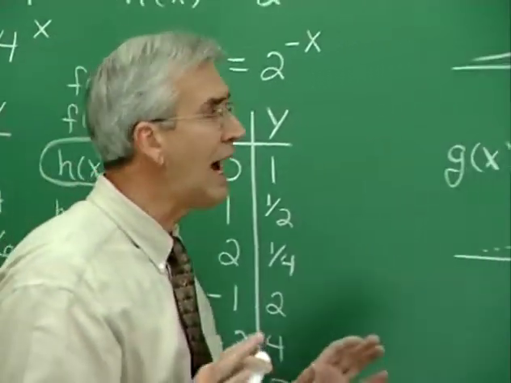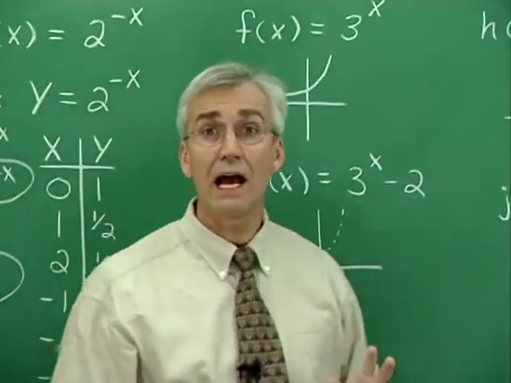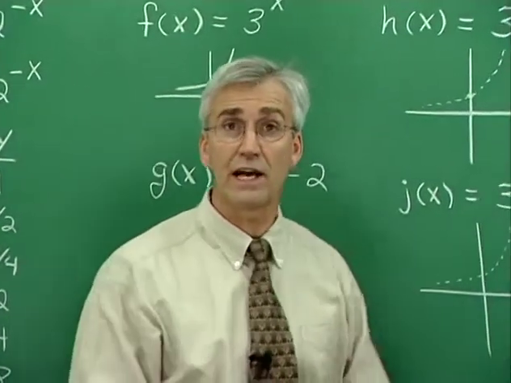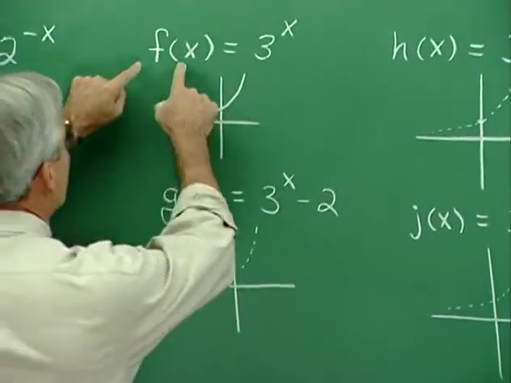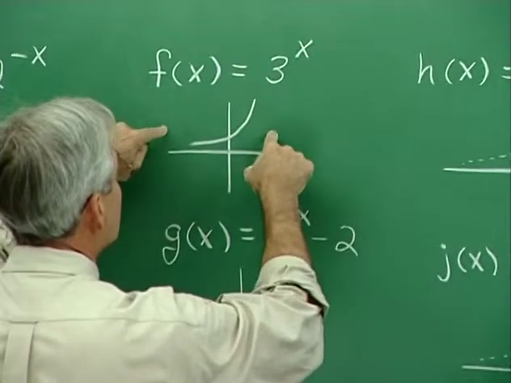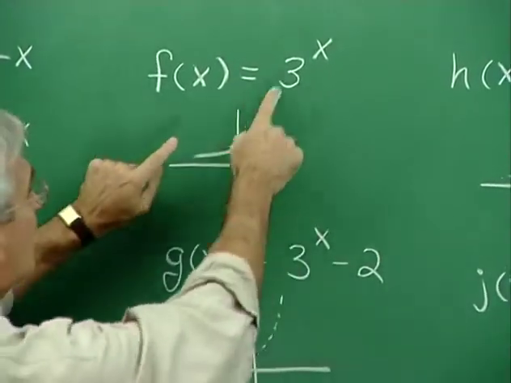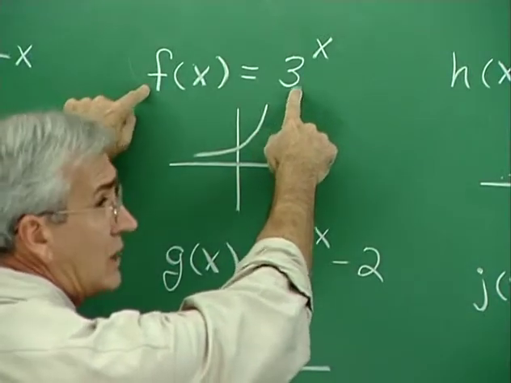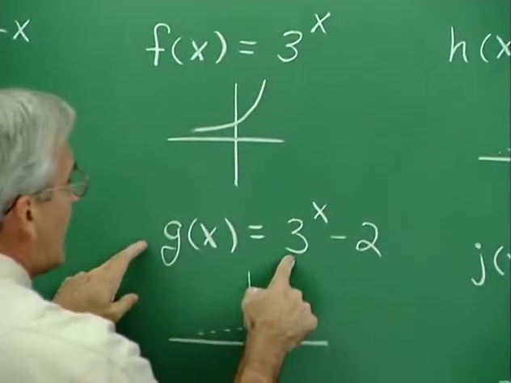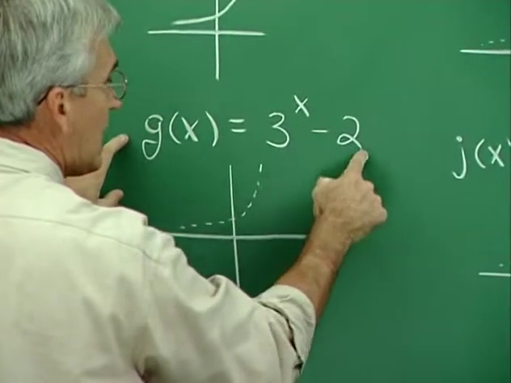All of our ideas of transformations apply here with exponential functions. That is, if we take a basic function like f of x is 3 to the x power, and this is its graph, then we can imagine the graph of variations of f of x like this. Think of g of x as 3 to the x power minus 2.